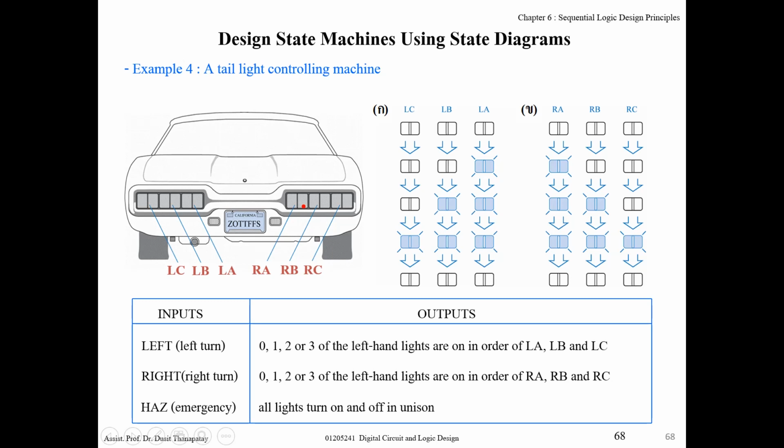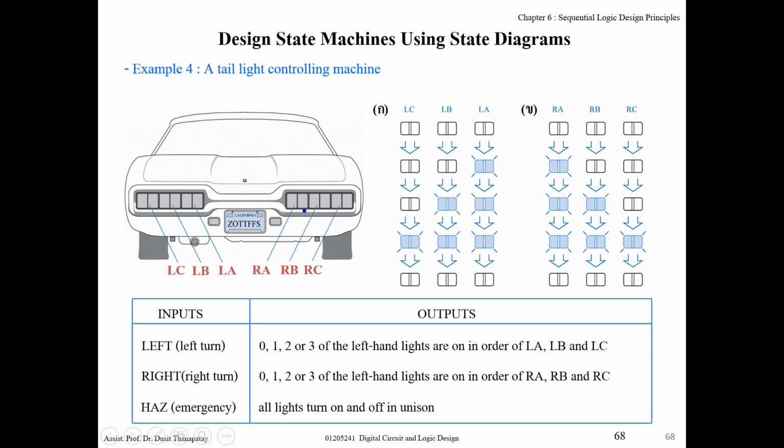So the states of the system for this example should also have 8, because for a Moore machine, one state can have only one output, because the output is based on the state only.